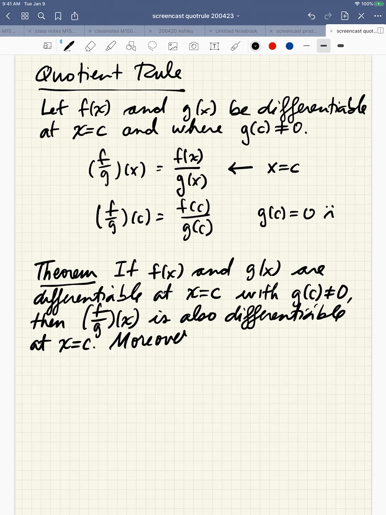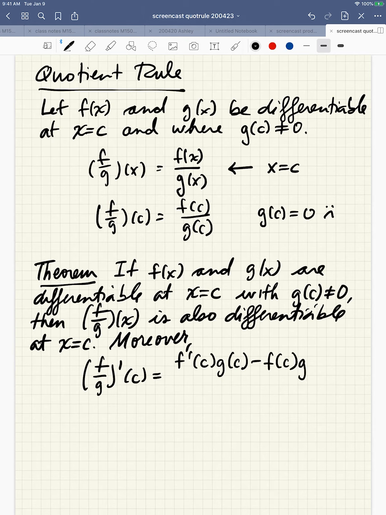Moreover, the derivative of the quotient function at c is given by the derivative of the top times the bottom minus the top times the derivative of the bottom, all over the bottom squared. So you can see here's another place where we don't want g of c to be equal to 0.